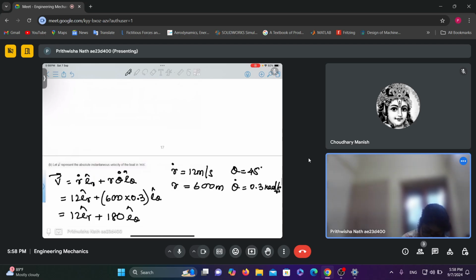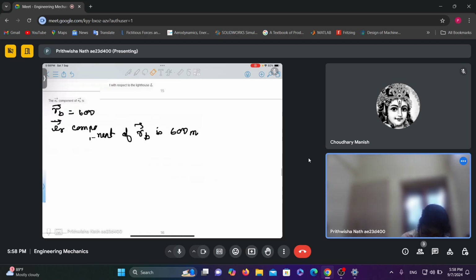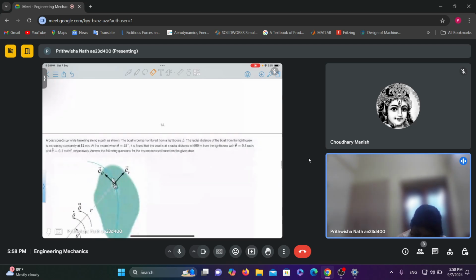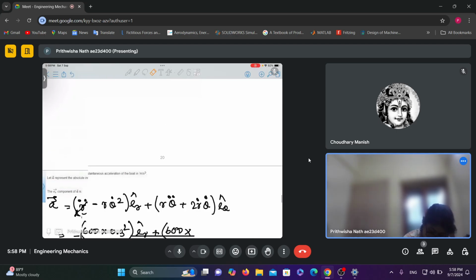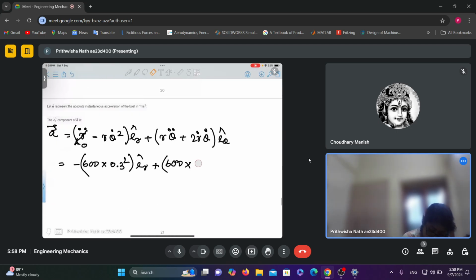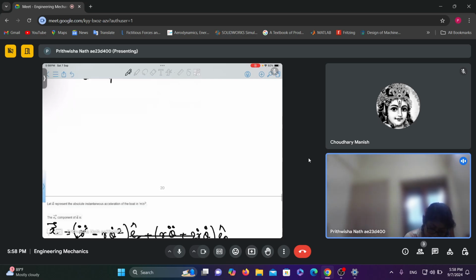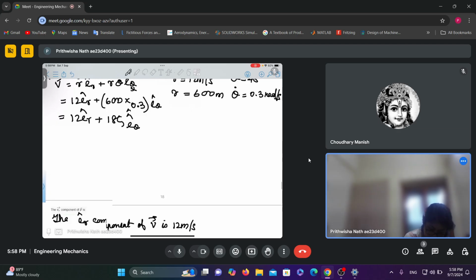Theta double dot is given as 0.1 radians per second square. R dot is 12 and theta dot is 0.3.